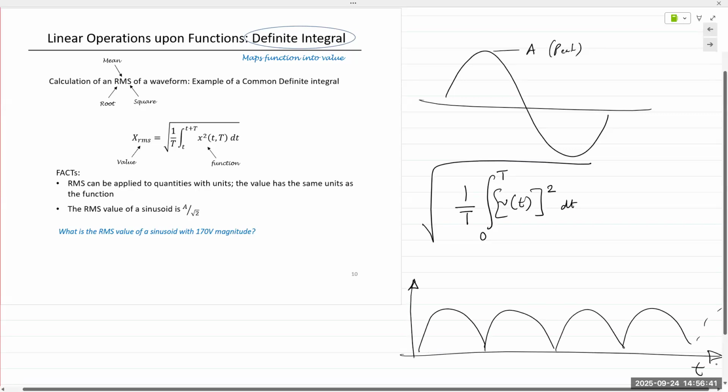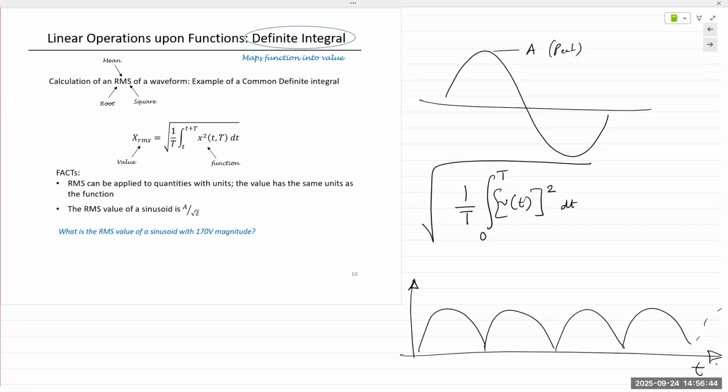Let's say these are mountains or hills of dirt, and you flatten them out to a plateau and fill in all the gaps. The value that you obtain would be the RMS value. Hence, RMS value is one single number, whereas the peak value or the waveform as a function of time can have any value.